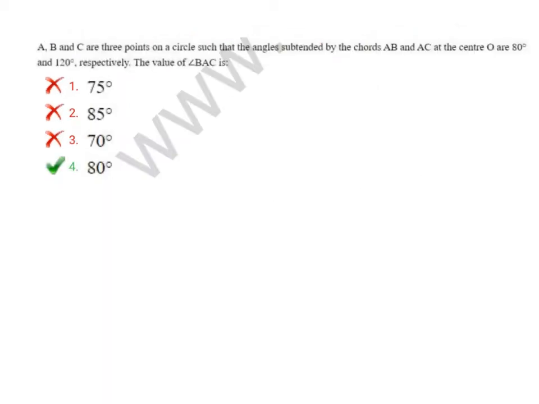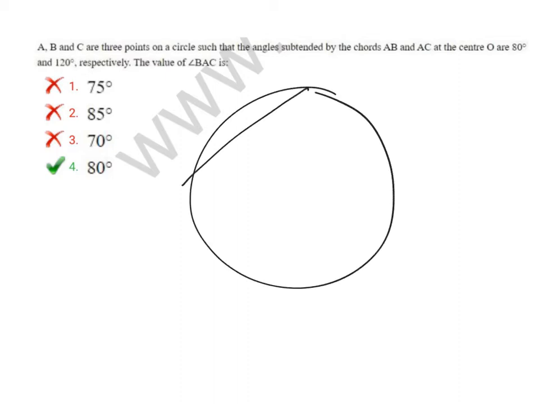Next one. A, B, C are 3 points on the circle such that the angles subtended by the chords AB and AC at the center are 80 and 120. So take AB and AC. So A, B, C, the angles subtended at the center by these chords: one is 80, another is 120.